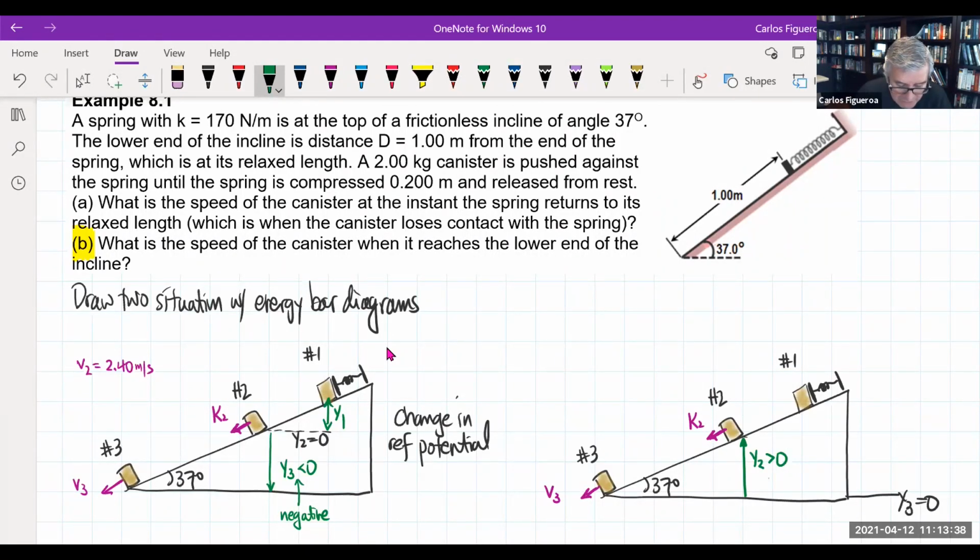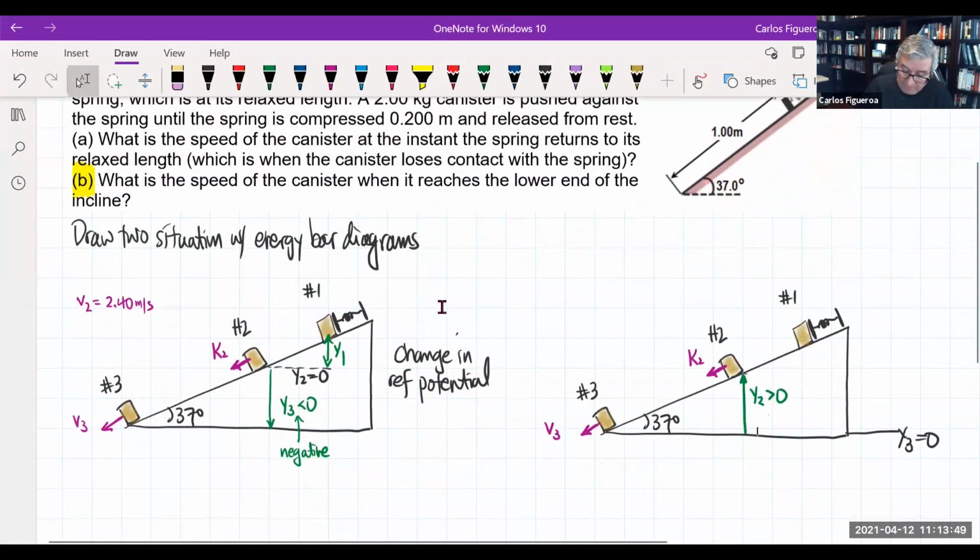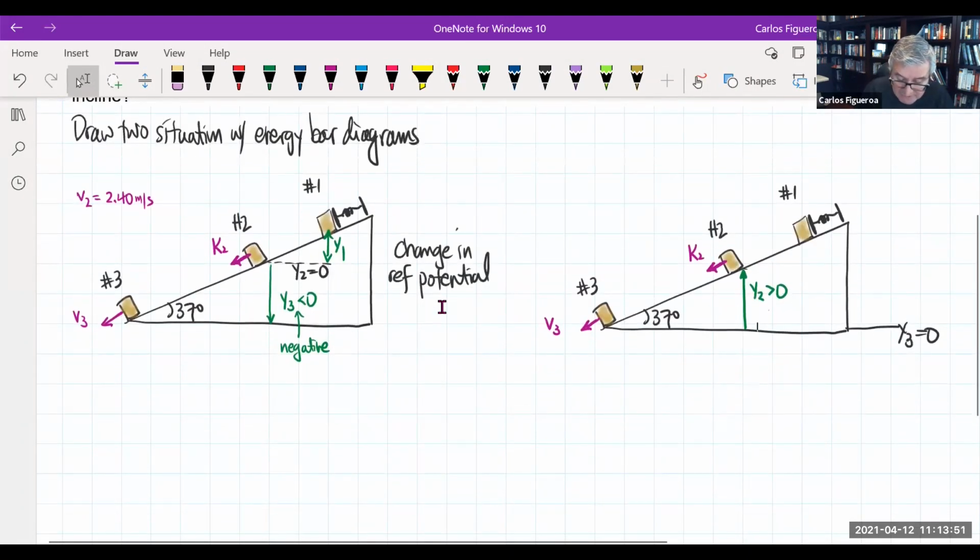So what I want to do here is draw a bar diagram to give you a sense of what I'm talking about. What we're saying here is that I'm going to look at the energy graphs of point 2.